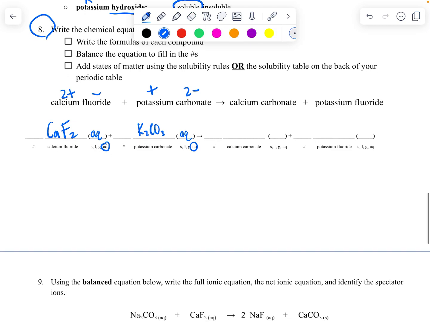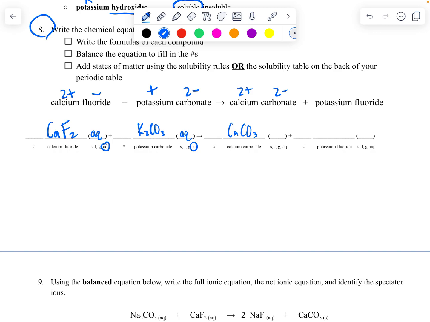Okay, all right, let's move on to the products finally. Calcium is 2 plus, carbonate is 2 minus, so that's a 1 to 1 ratio. That's pretty easy. CaCO3. Okay, let's see. Solubility rules. Carbonate is the key word here. Rule number 6 states that anything with carbonate is going to be insoluble, except those with alkali metals. Oh, okay.